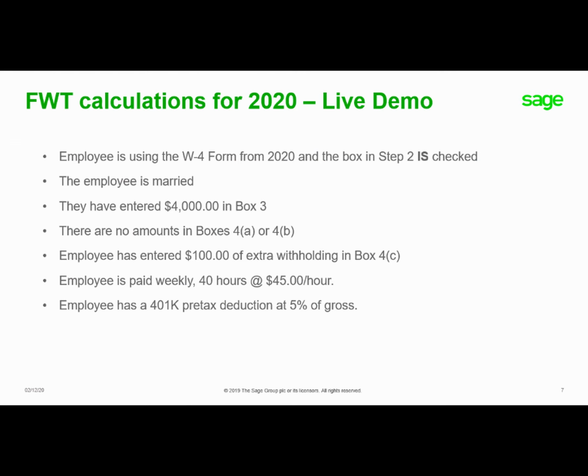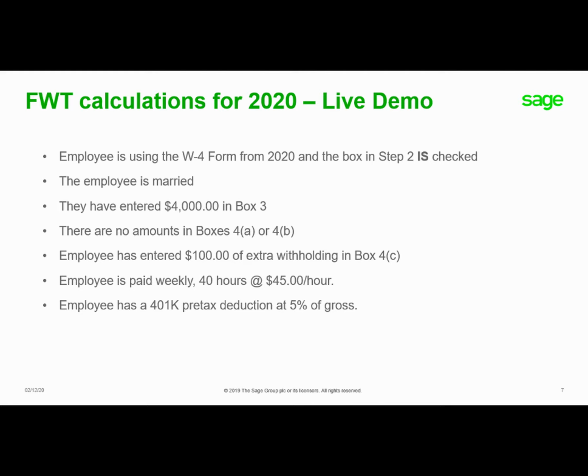The last example is going to be where our employee is using the W-4 form from 2020 and the box in step 2 is checked. Our employee is married. They have entered $4,000 in box 3. There are no amounts in boxes 4A or 4B.